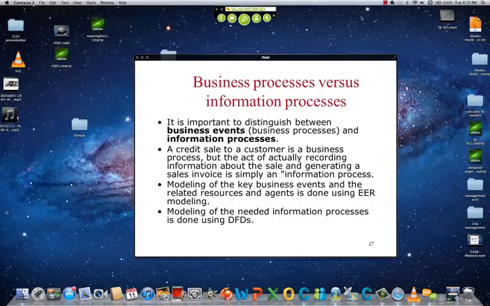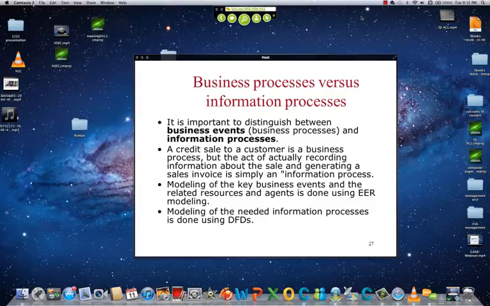Not just that. Actually, here it's very hard to say what is what. But basically, the idea is: when is information created? Information is created when you place an order. So everything before you place the order, before you actually click it, is business event. Once you click it, an event happened and you created new information.